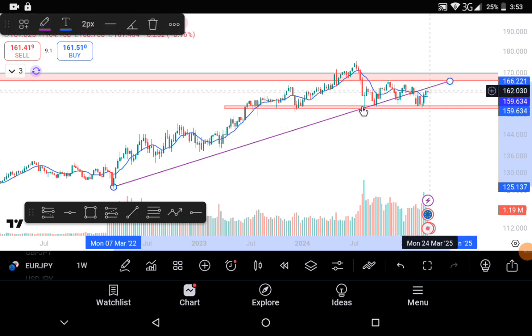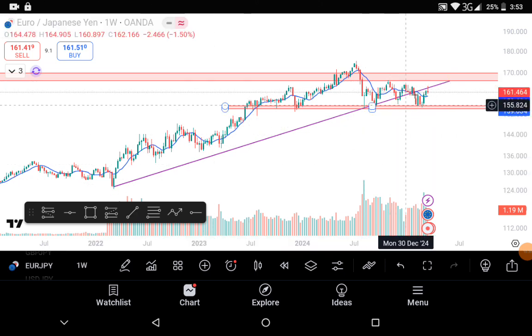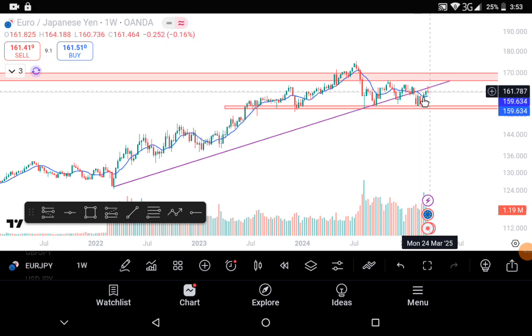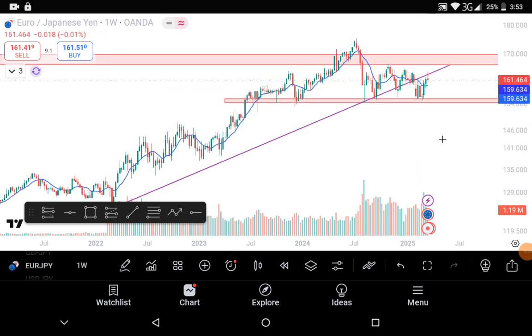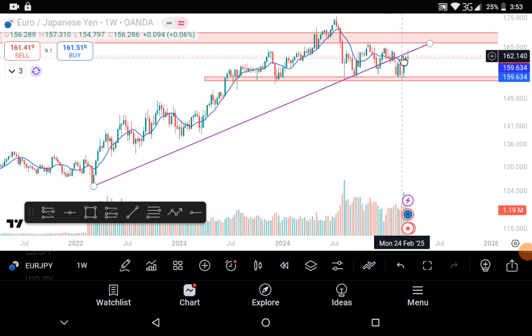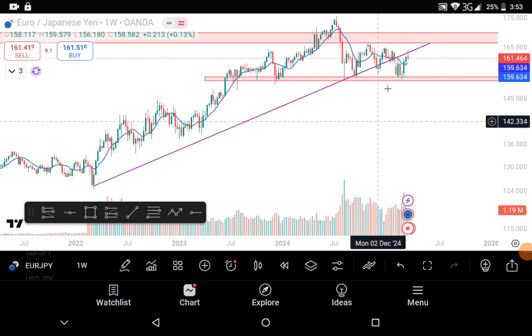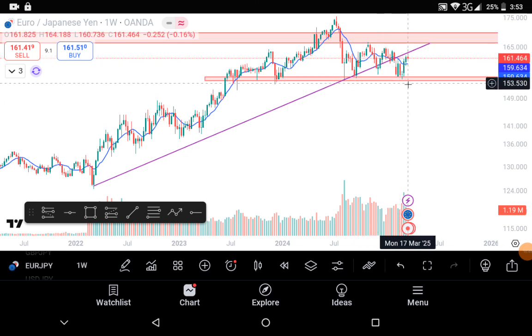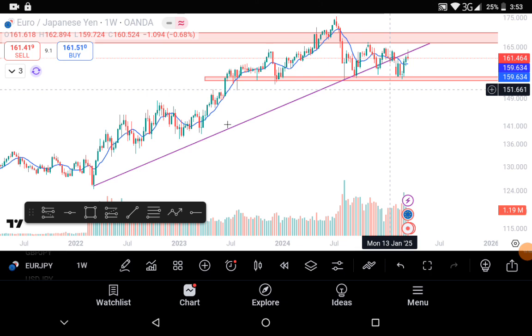This is another sign that price wants to go down. But we are not going to hop in on a sell until price breaks below here. Remember that this is a weekly time frame, so you cannot execute on it. So let's go down to the daily time frame and see what's up there.